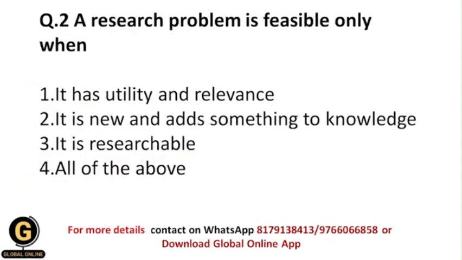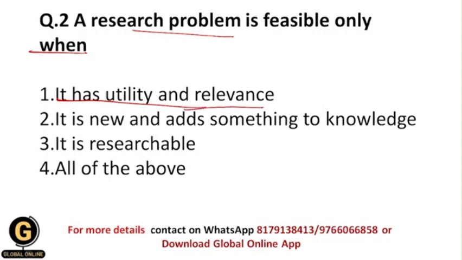A research problem is feasible only when. So when is the research problem feasible, what are these conditions? After that only we think that the research problem is feasible. So let us see the options. It has utility and relevance. It means that the research problem should have a utility, that it should be useful for our future generation. Okay, it should have relevance.